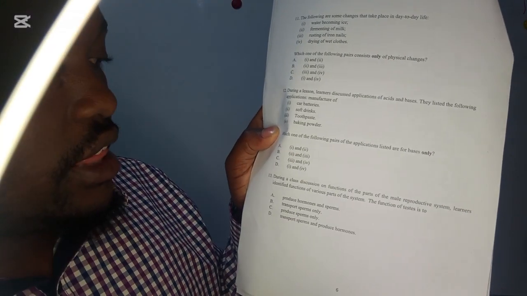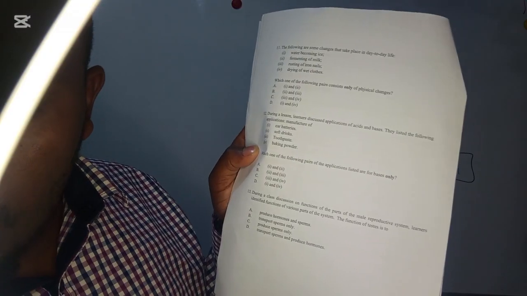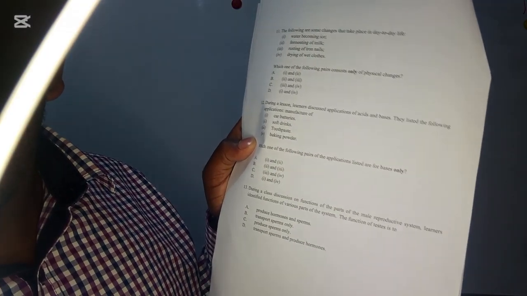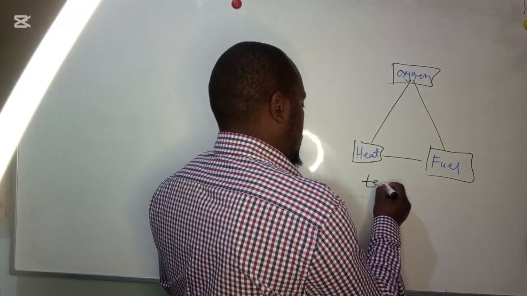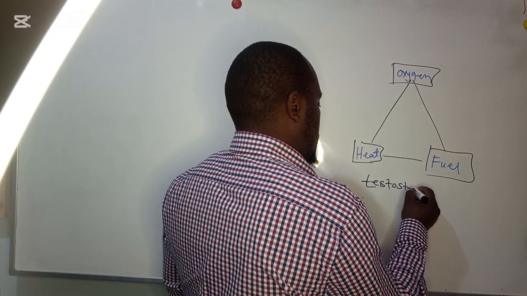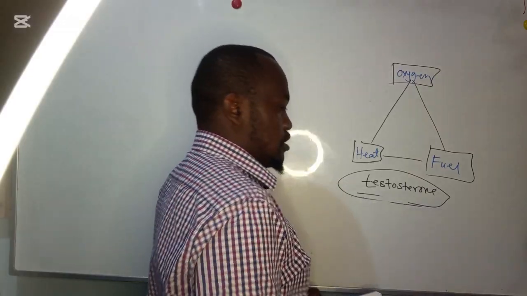Again, it produces male hormones that are responsible for male characteristics in organisms. The primary hormone that is produced is testosterone. This is a hormone so produced.